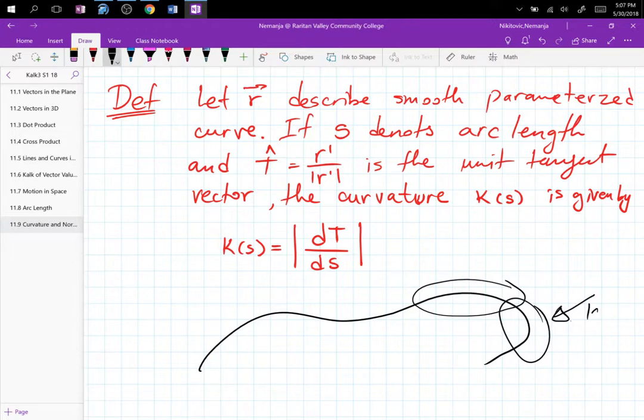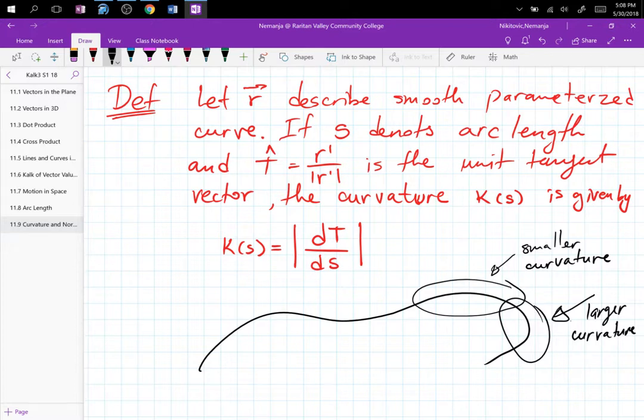How about that? Larger curvature, smaller curvature. So curvature simply measures how fast the line turns. Depending on what you have, it could turn in 3D space, 4D, 7D, whatever amount of variables that you have.